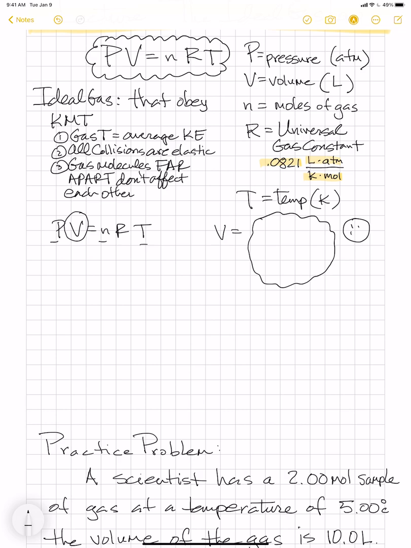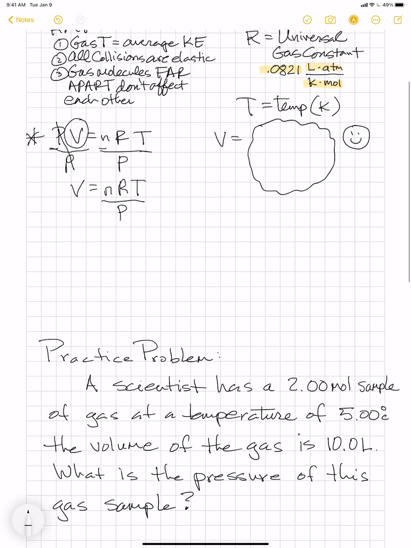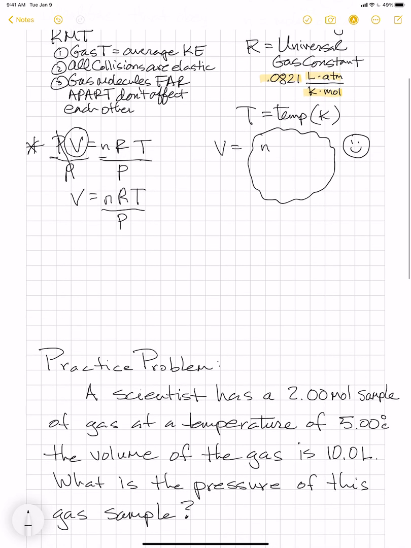Well, what can I do to move the variables around in the ideal gas law to make my life easy? Here's how we do it. If I'm solving for V, can't I divide this side by P? And if I divide that side by P, I have to divide this side by P. These two cancel out, leaving me V equals nRT divided by P.